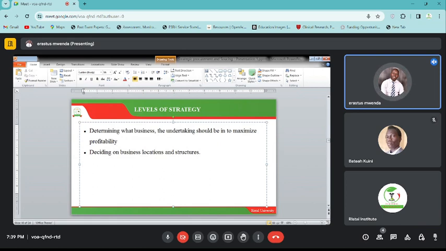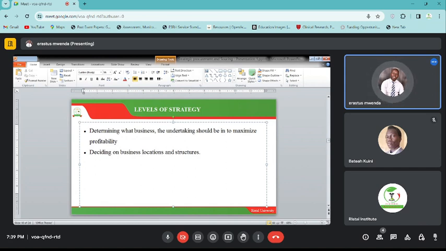The key reason why Porter came up with this model, for him, he was answering the question of how can organization X have a competitive advantage over other organizations.